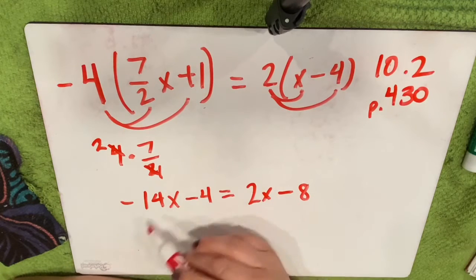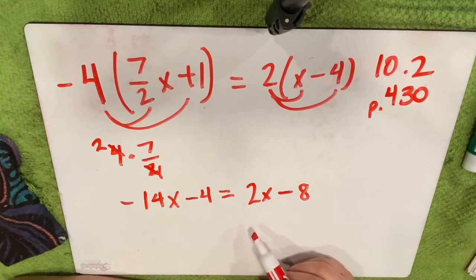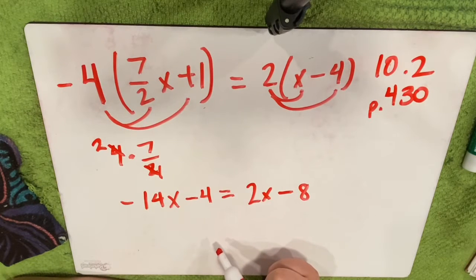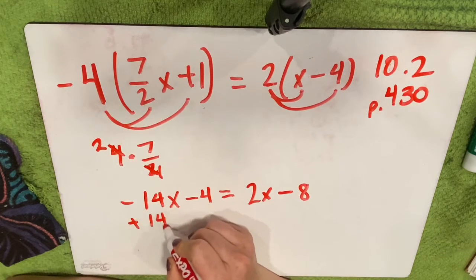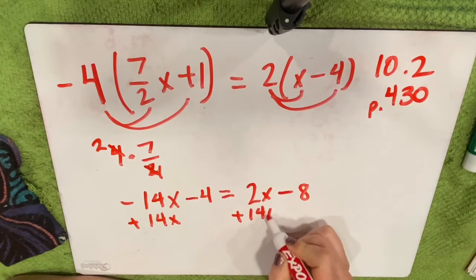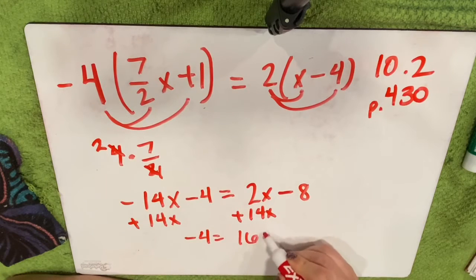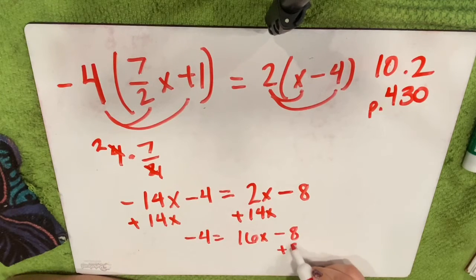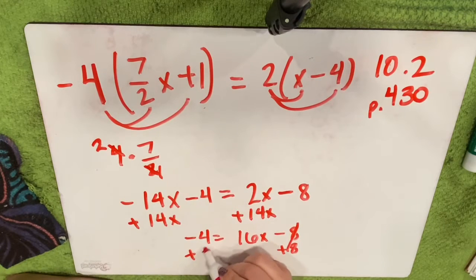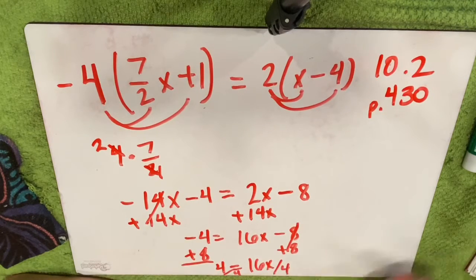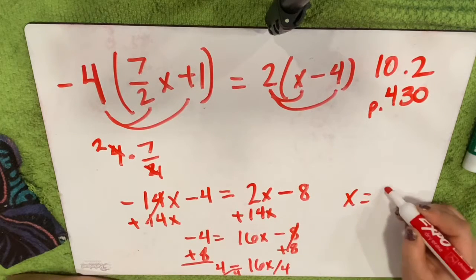Okay, so now this is what I got to here. So I am going to plus 14x, plus 14x, right? So 4 equals 16x minus 8. So now I'm going to plus 8, get rid of it on this side, plus 8, right there. So now I have 4 plus 8 is 12 equals 16x.